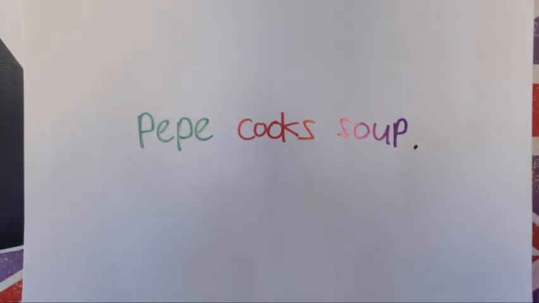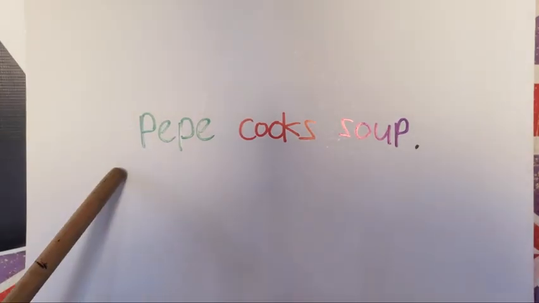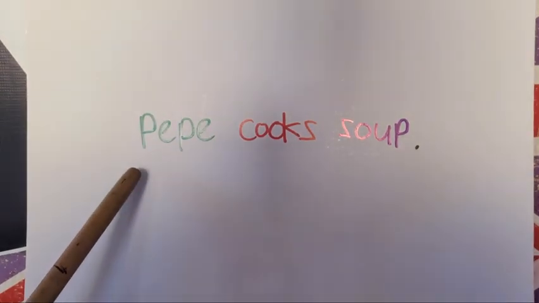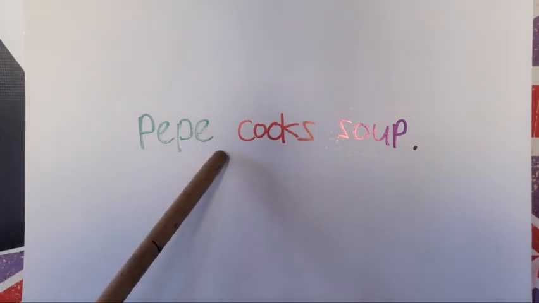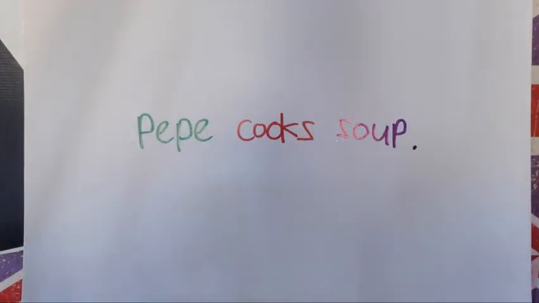The whole idea of verbs is that they are a word that enables us to express action, movement, and states of being, i.e., change. In this simple proposition, this statement, we have Pepe cooks soup.